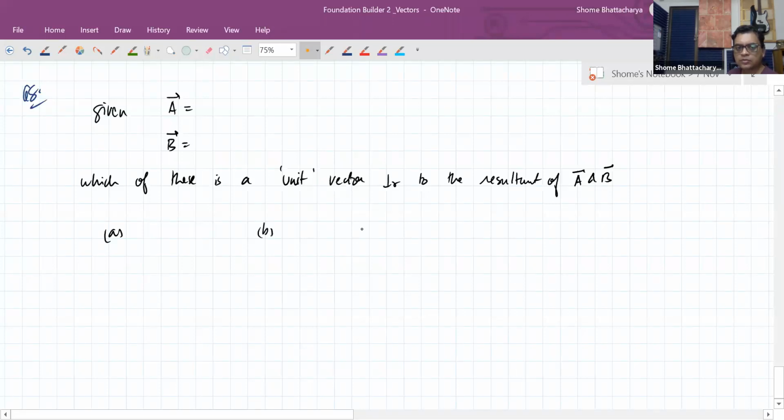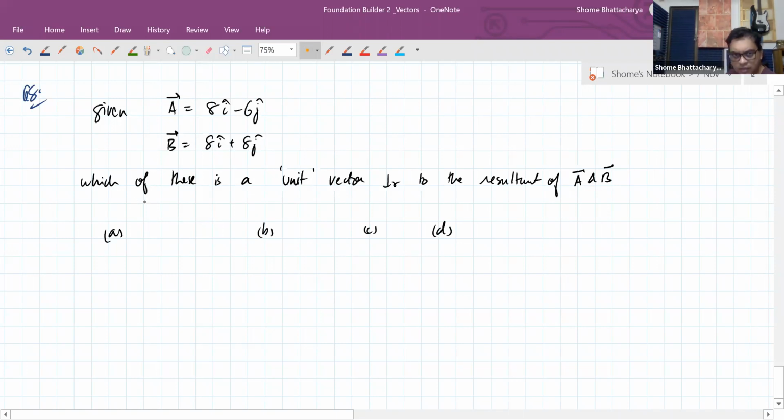So what we have to do is first find the resultant of A and B. The vector A is given to us as 8 i cap minus 6 j cap, and the vector B is given to us as 8 i cap plus 8 j cap.